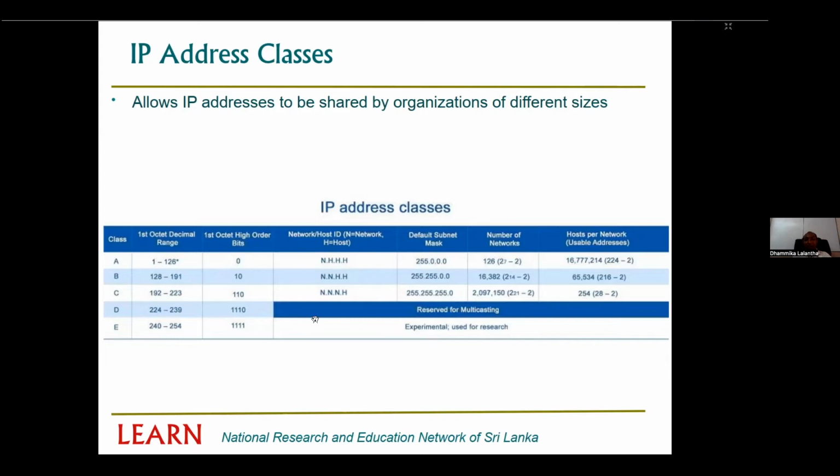Anyway, class D is reserved for multicasting, and class E is reserved for experimental use and research. So that's how the IP address range was divided into classes in the past, and about their default subnet masks.